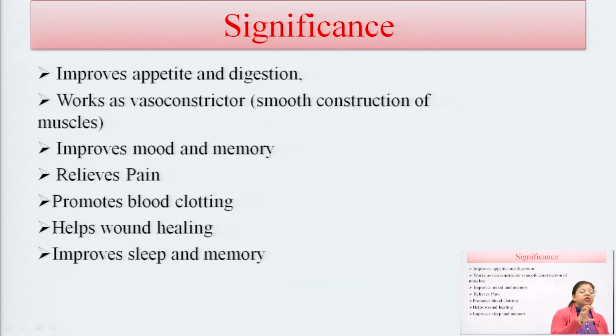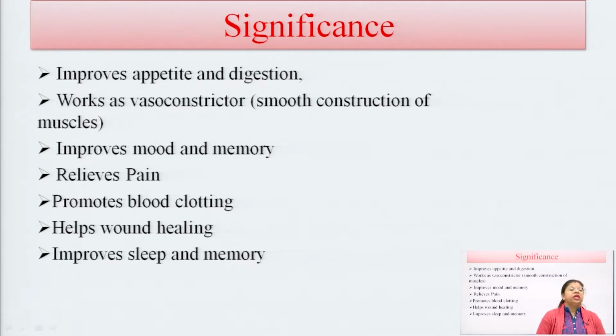That is because the main nature of serotonin is vasoconstriction. So in blood clotting or wound healing, it can constrict the smooth muscles, so that the wound or clot site shows constriction, controlling blood flow and helping in wound healing.